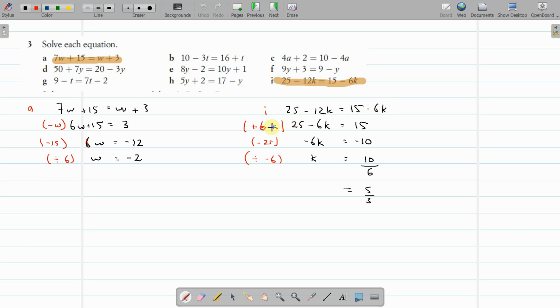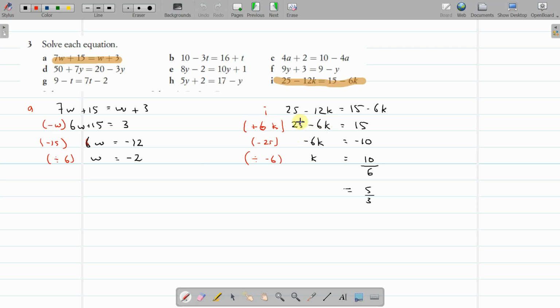So once you do that to this, the minus 6k disappears. Minus 6k plus 6k is nothing. So there we go, cancelled. And then we do the plus 6k also to this side. So minus 12k plus 6k takes us to minus 6k. And the 25 is still there.